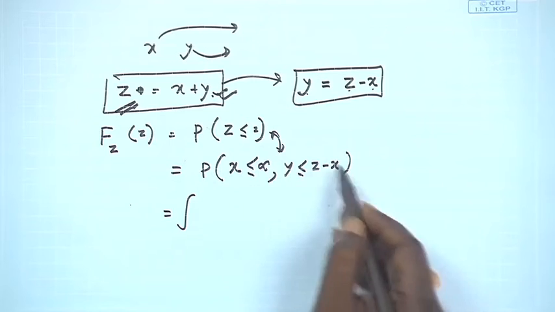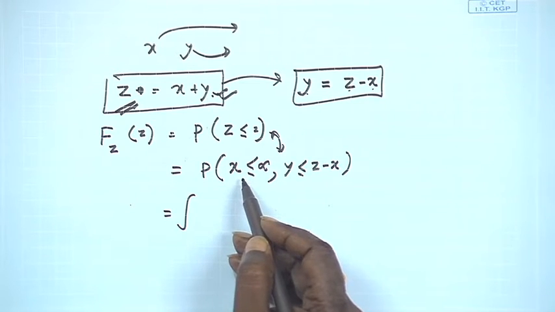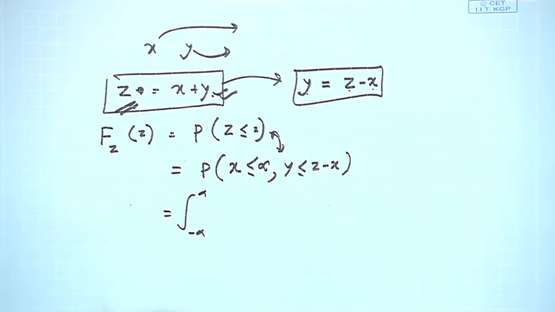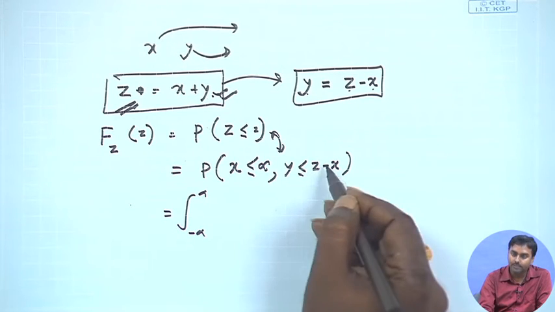So, this is again a joint PDF, from there I can calculate this. What do I have to do? For x I have no restriction, I can go from minus infinity to plus infinity, but for y I have a restriction, I can go from minus infinity to this value.